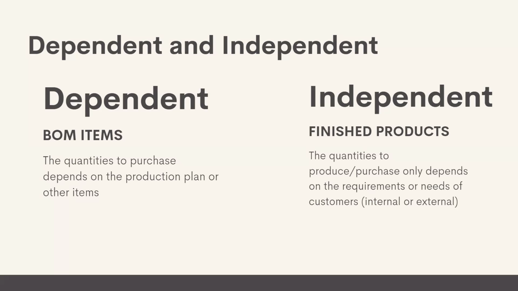They are typically the materials to produce the finished product. Independent demand items are the products at the end, so their quantity is not dependent on any other item, but depends on the end user requirements.